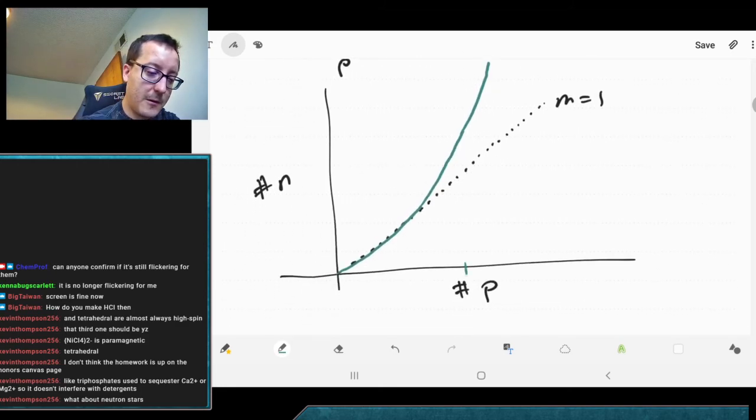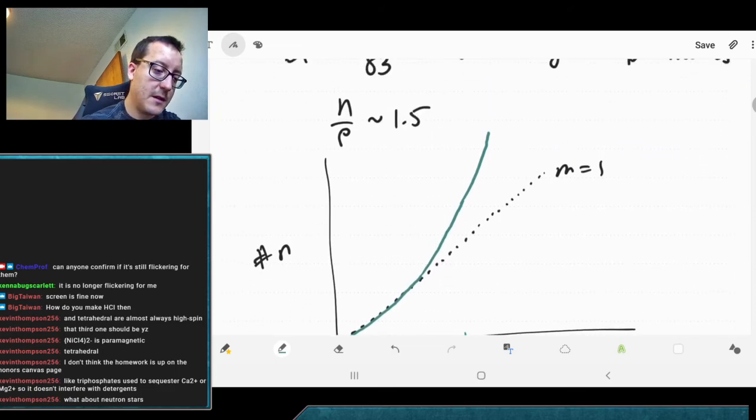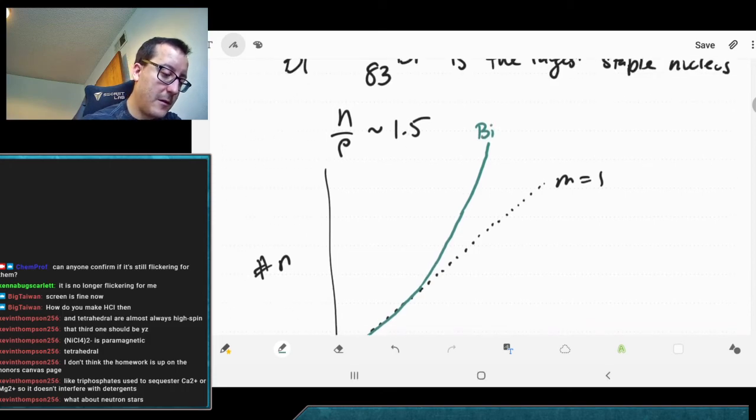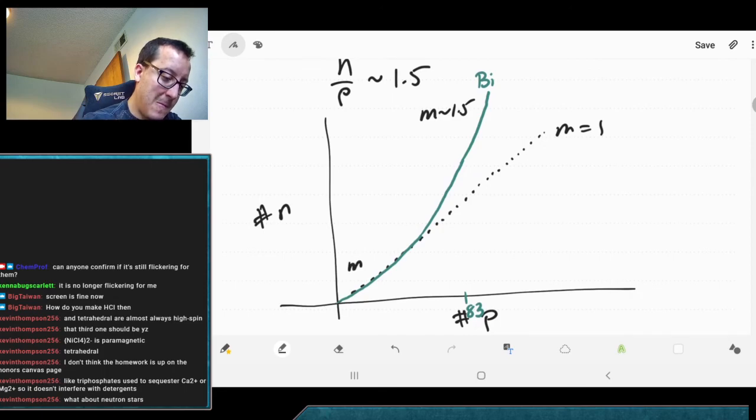If we say this is 83 protons, there's your bismuth atom right there. Your slope here is about 1.5. Down here, your slope is about 1. In the middle, of course, your slope will be like 1.25 or so. It's about 1.15 where iron is.